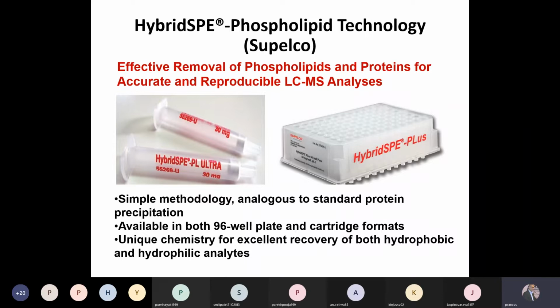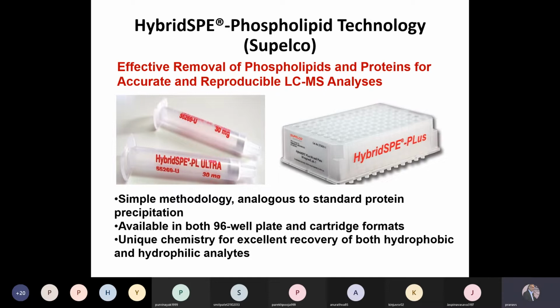Now, when we are working with biological samples, we will always find proteins, fats, or lipids, or even carbohydrates, even salts, even ions in any biological sample. Biological sample means it can be human whole blood, plasma, serum, urine, tissues, cerebrospinal fluids, and so on and so forth.